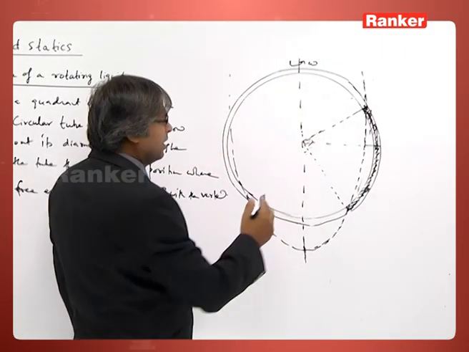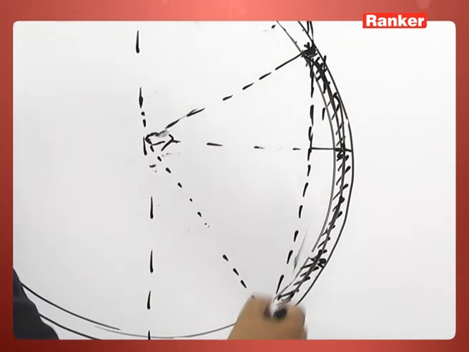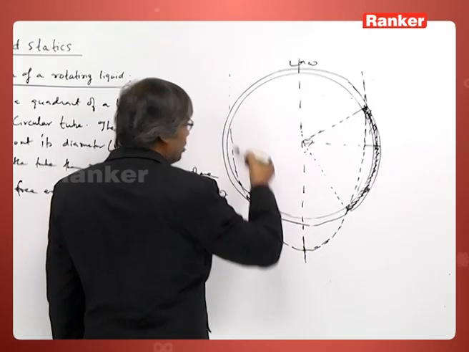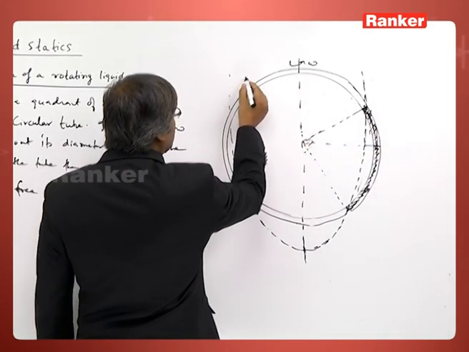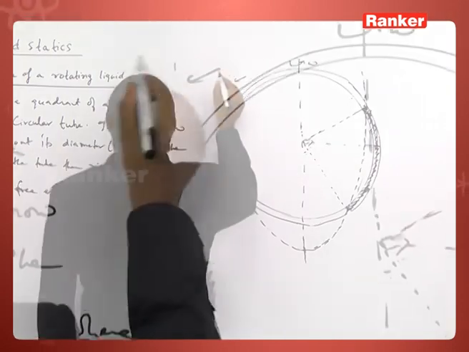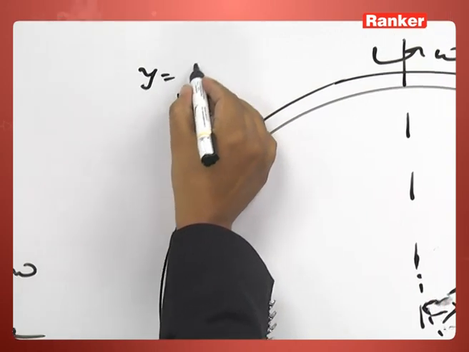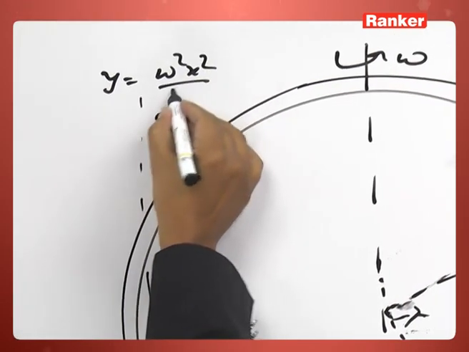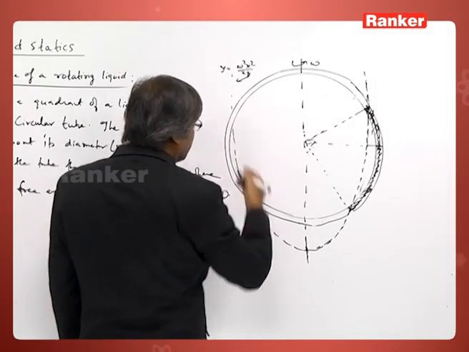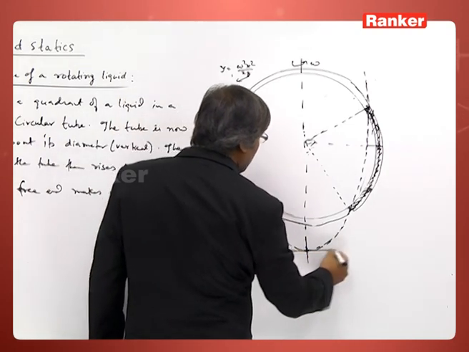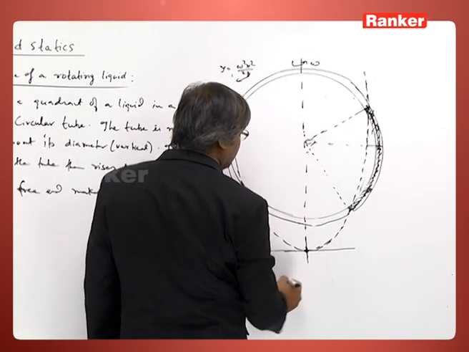That means the free surface, these two must lie on a paraboloidal surface whose equation is given by our free surface, that is y is equal to omega square x square by 2g. So, this is the parabola and this is the vertex of that.